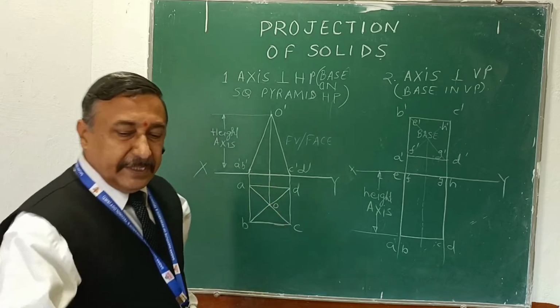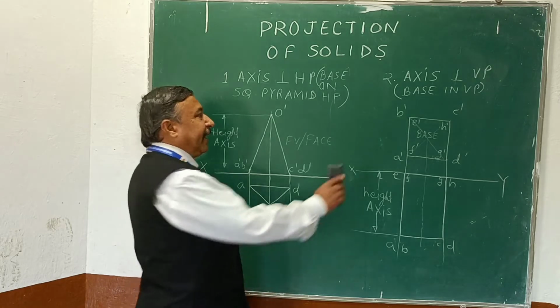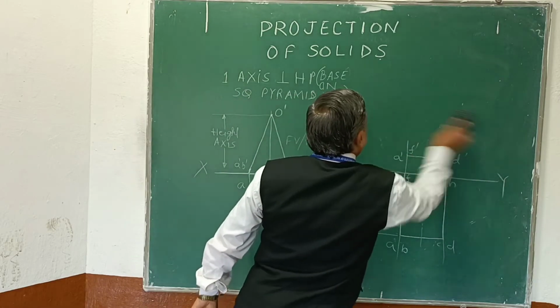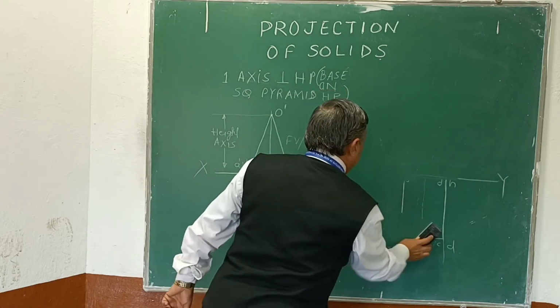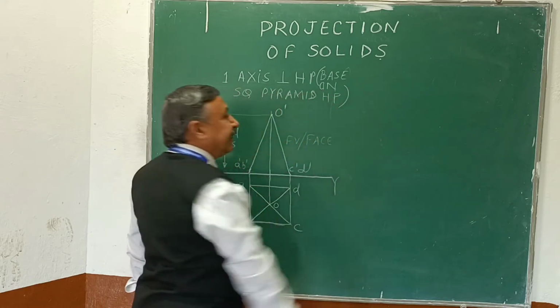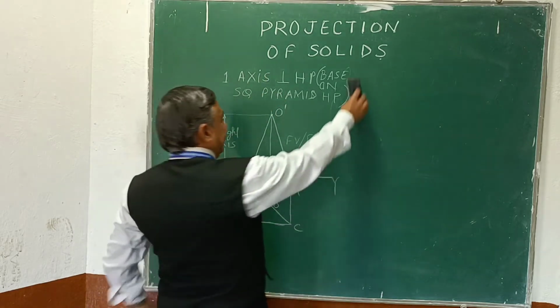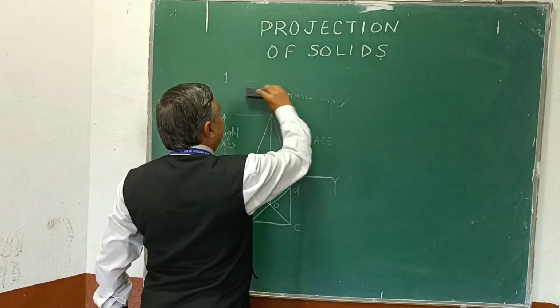So I continue from this position only and explain how we start from this position and complete the next position. First I write here the third position. What is our third position?